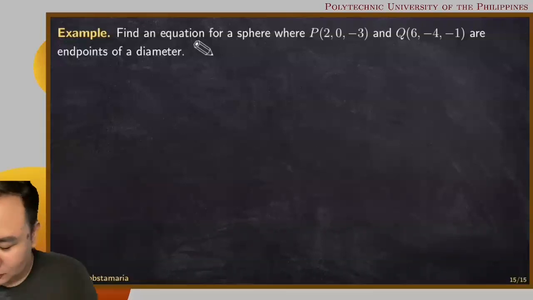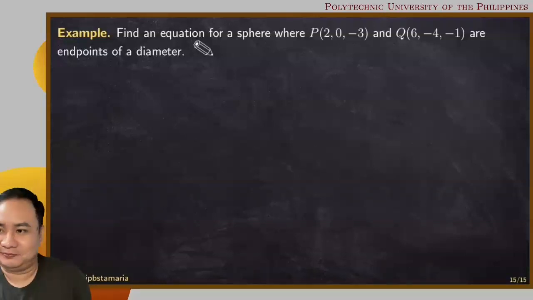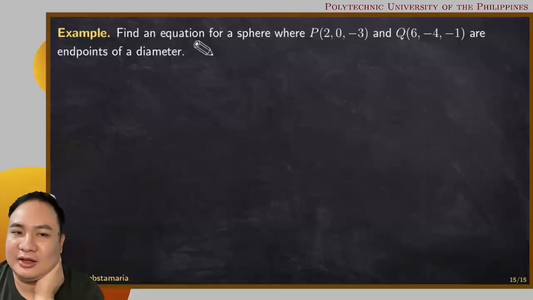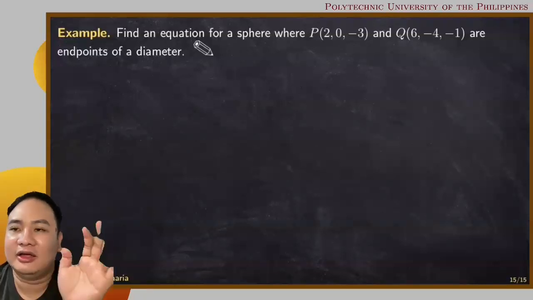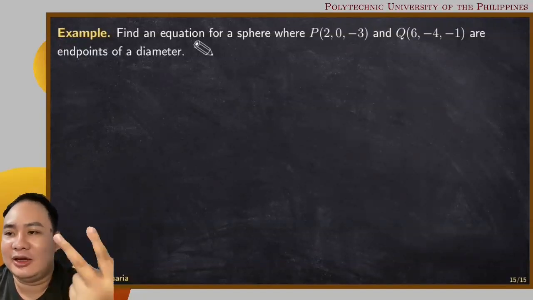So palagay nyo, ano yung mga concepts na magagamit dito? Midpoint. Yes. Kasi you are given endpoints of a diameter. Kailangan alam na ang center ng circle ay binubuo ng dalawang parameters, di ba?